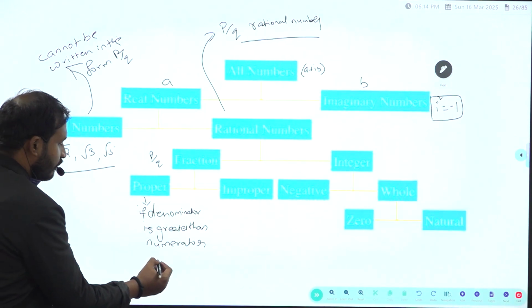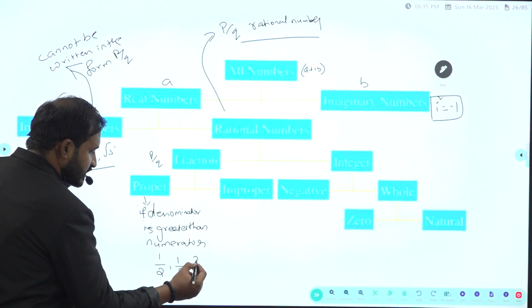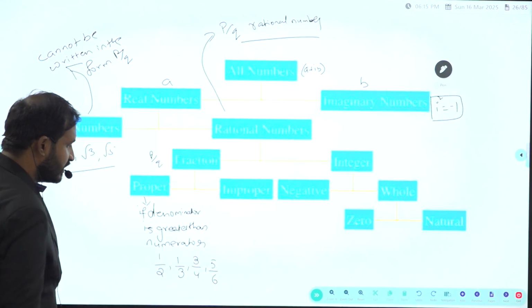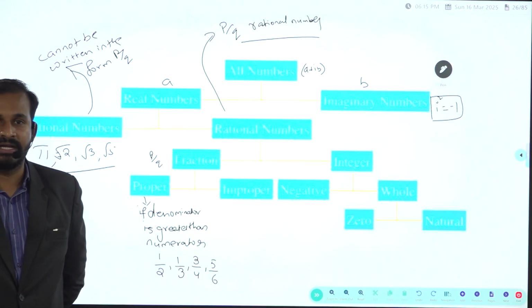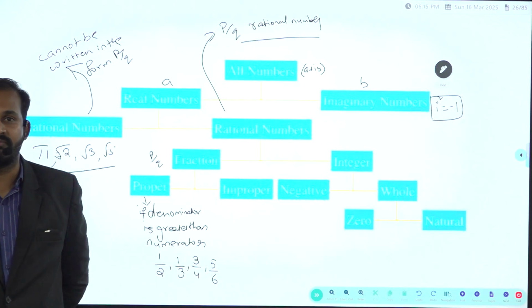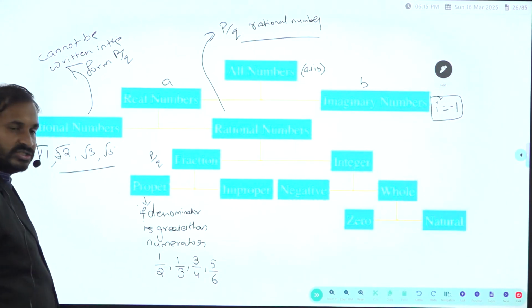That means 1 by 2 is a proper fraction, 1 by 3 is a proper fraction, 3 by 4 is a proper fraction, 5 by 6 is a proper fraction. In all these, the denominator value is greater than the numerator value. So these types of values we call proper fractions. Here 1 is the numerator and 2 is the denominator.